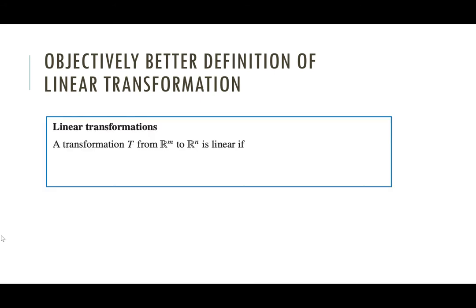So here's an objectively better definition of a linear transformation. A transformation T from Rm to Rn is linear if the following two things happen.